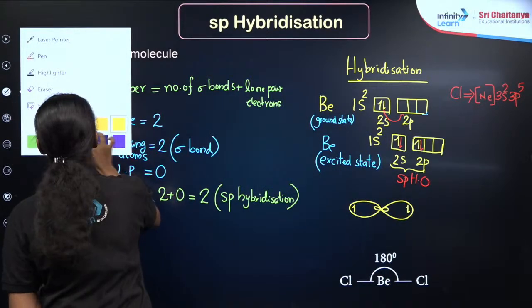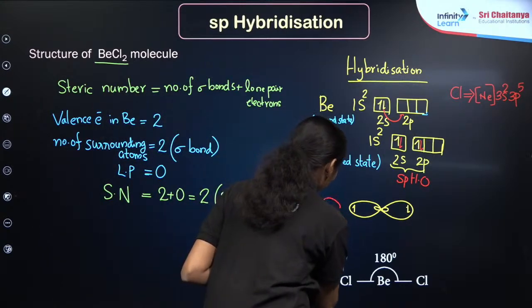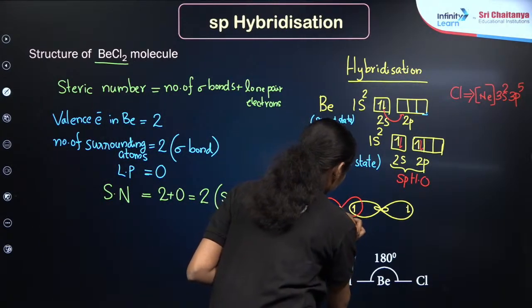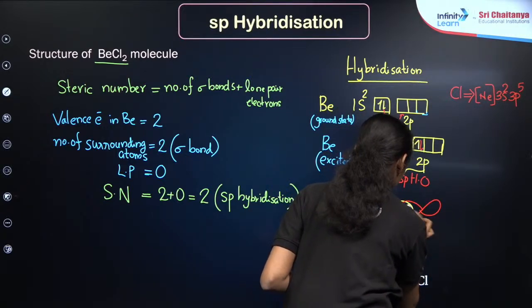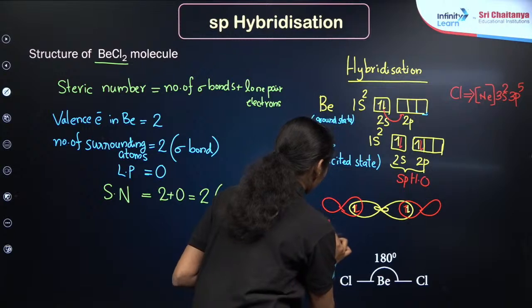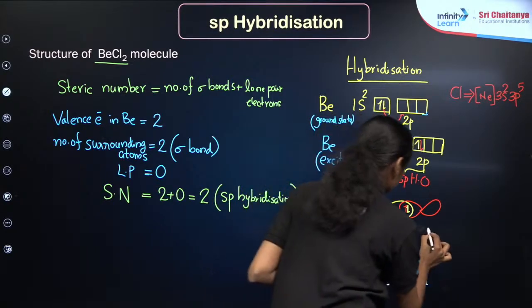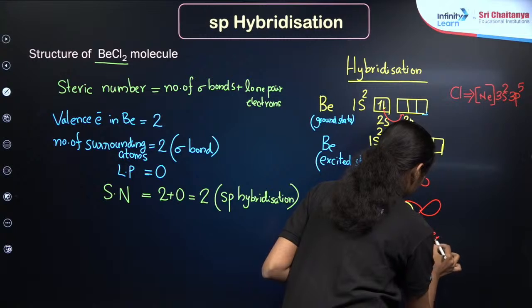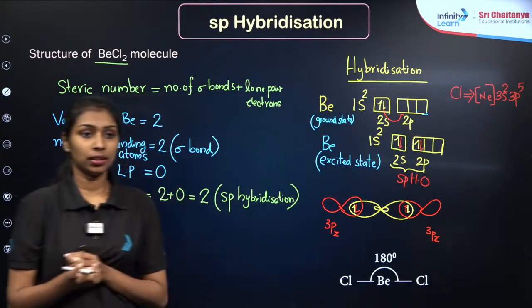Now overlapping happens, right? These are the 3p orbital of chlorine. Clear?